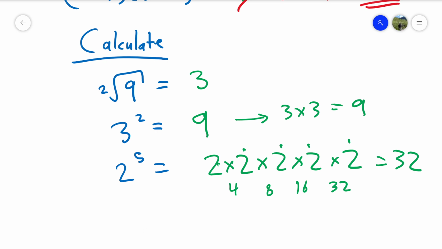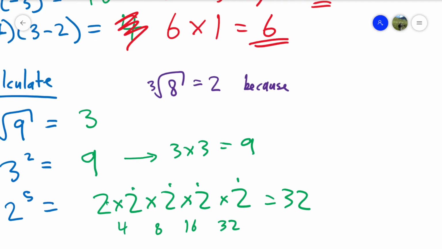This one you might be thinking, why is there a 2 there? Well, skip to the next question if you don't want to hear this. Have you ever seen this before? That means cube root. What's the cube root of 8? The cube root of 8 is 2 because 2 times 2 times 2 equals 8.